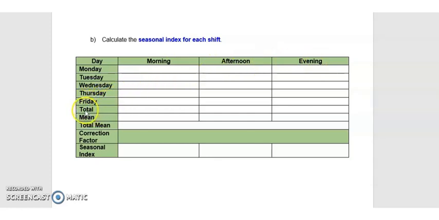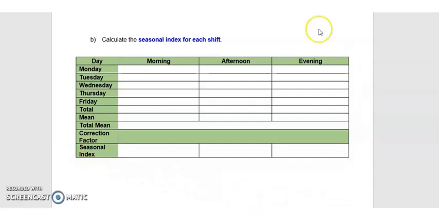You put a row for total, then a row for mean, a row for total mean, and a row for correction factor. Later I will explain. The last one is the row for seasonal index. Our main objective in question B is to find the seasonal index.